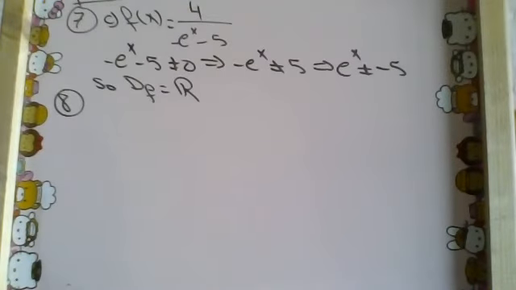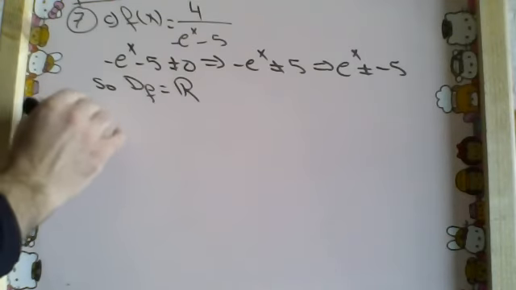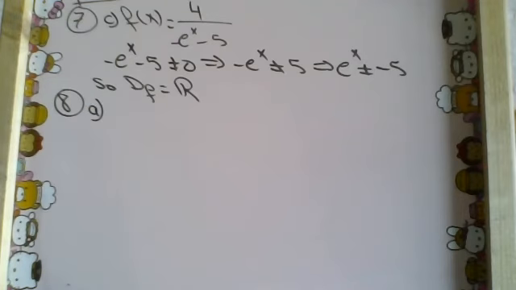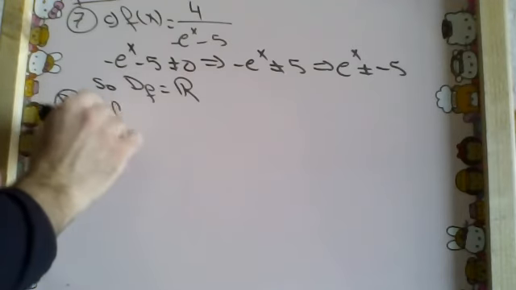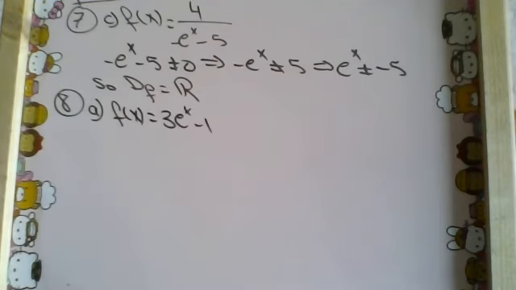Find the derivative of the function f defined and differentiable over R in each of the following cases. Then f prime of x. We have f of x equal to 3 e power x minus 1.